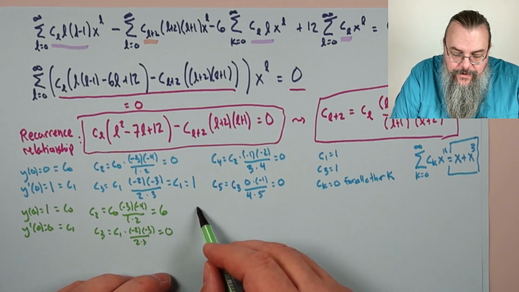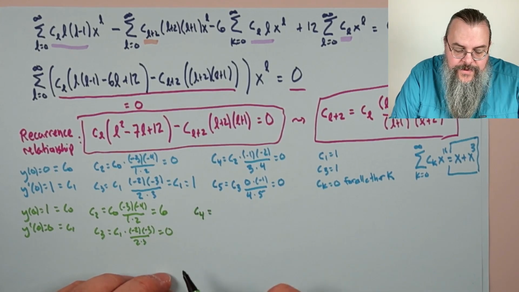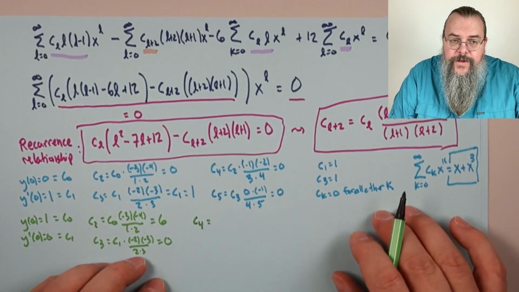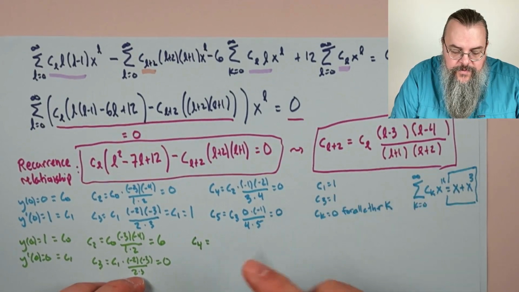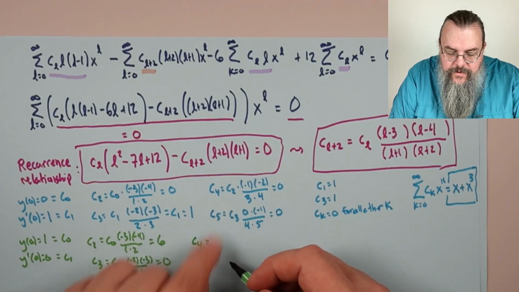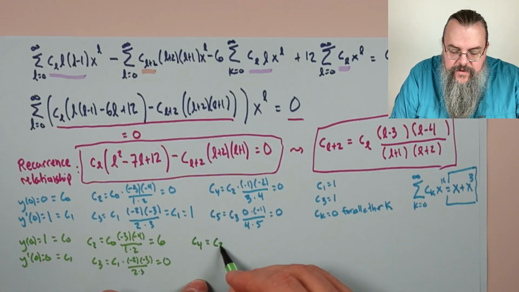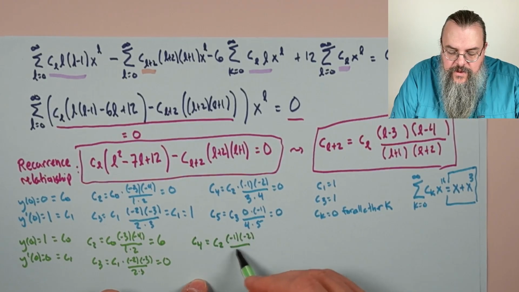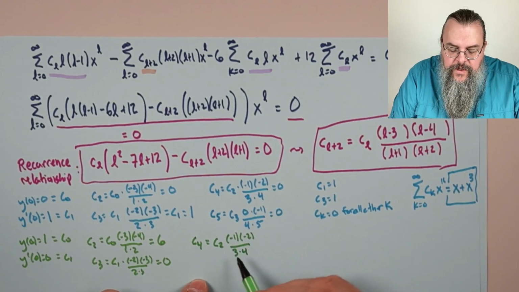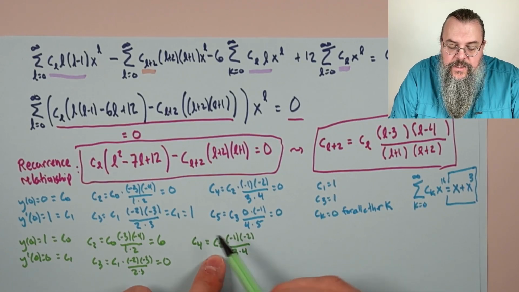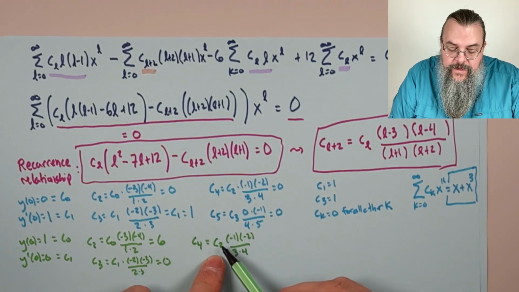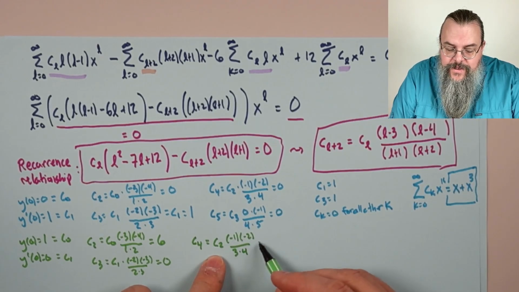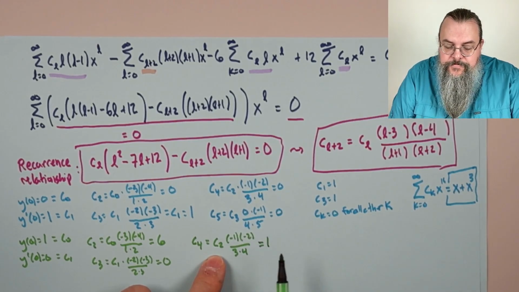What about c_4? Well, for c_4, that's going to be where we have our recurrence relationship. Here we go, we'll see it there. And, well, we can also work from it up there. That's c_2 times minus 1 minus 2, 3 times 4. Well, we know c_2 is 6. So we have 6 times 2 is 12. Divide by 12 is 1.